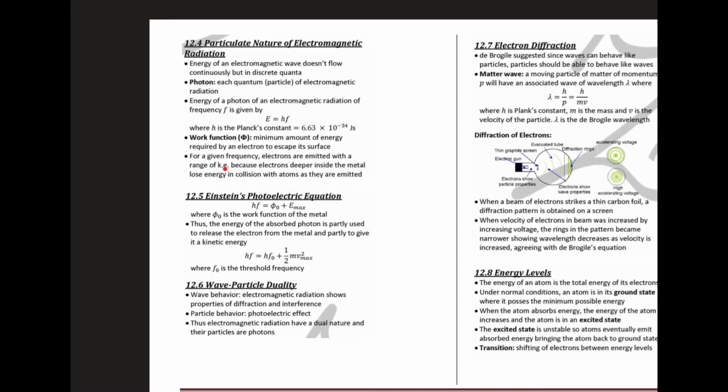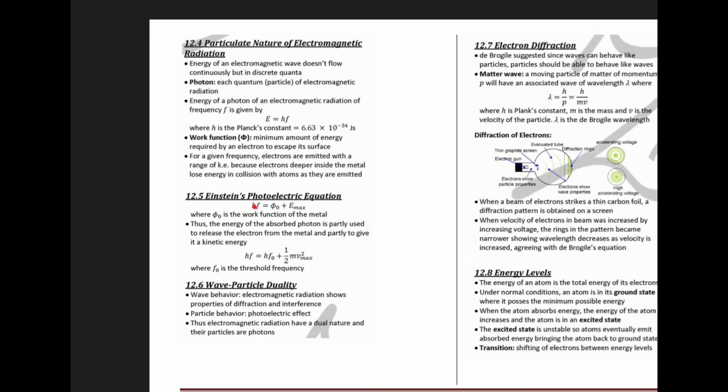Okay, so we have two concepts already: energy and work function. And then now let's see 12.5, Einstein photoelectric equation. Okay, so just now the E equal to hf, we can put it on the left.